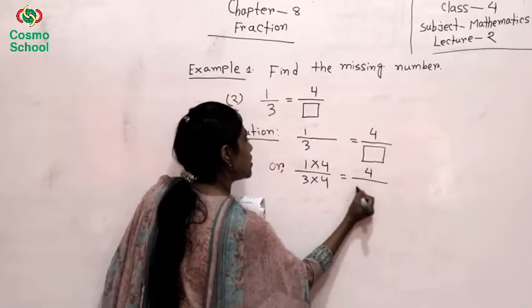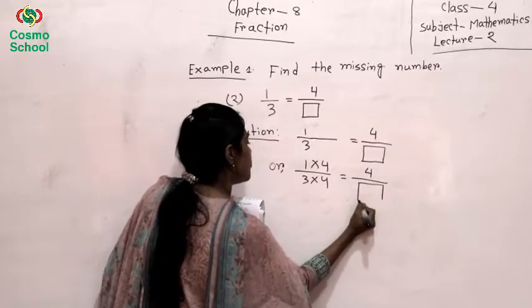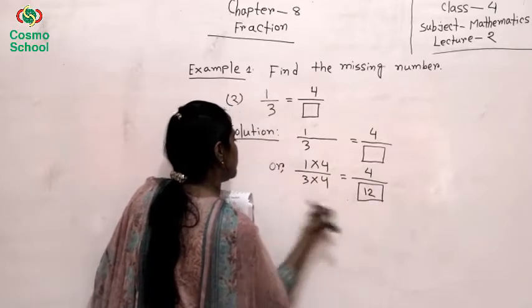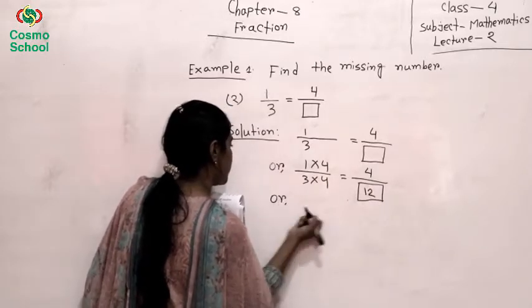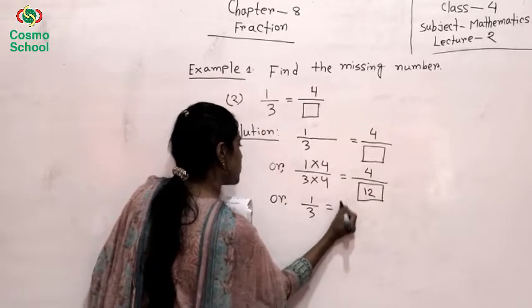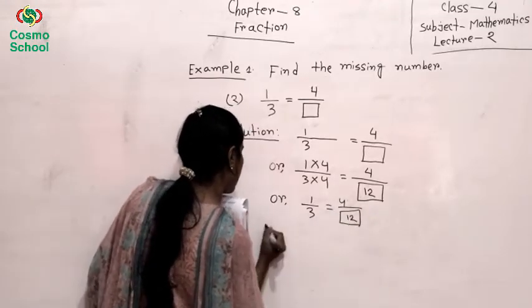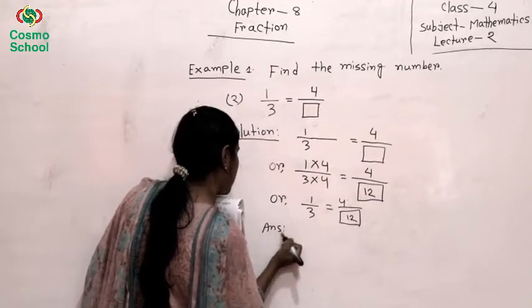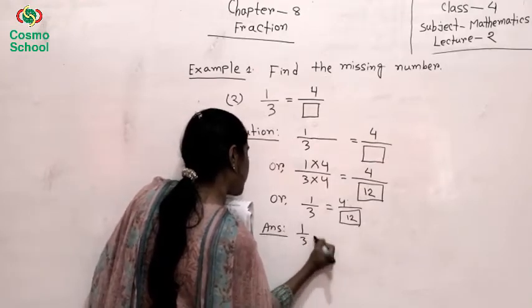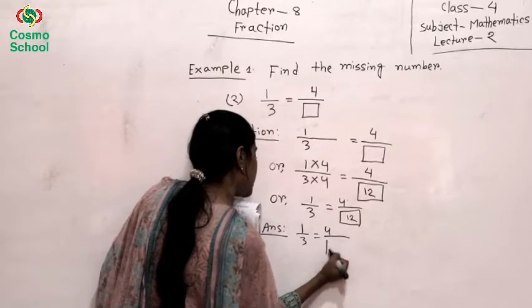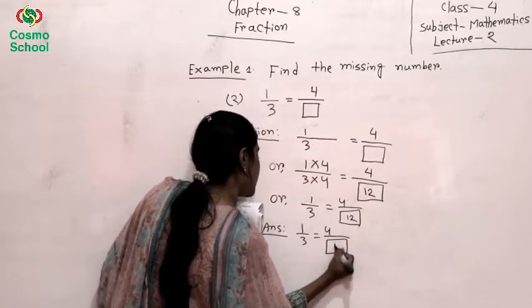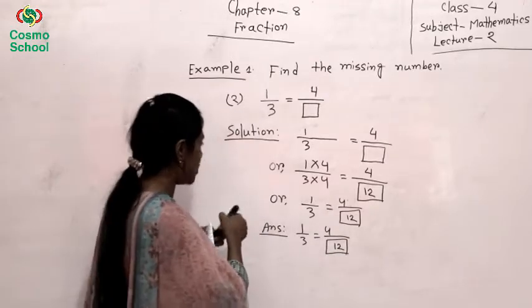So I get the result 4 divided by 12. Answer is 4 divided by 12, and the missing number here is 12.